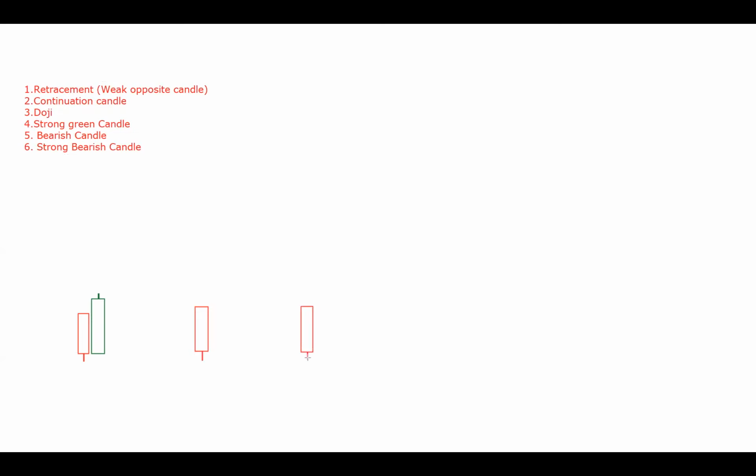If you understood this pattern, you can trade all patterns. So how many candles are there? 3, 4, 5, one more, 6.